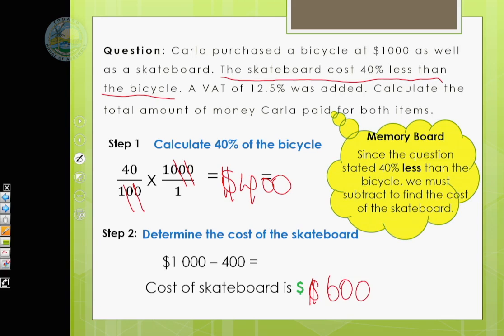So the cost of the skateboard is now $600.